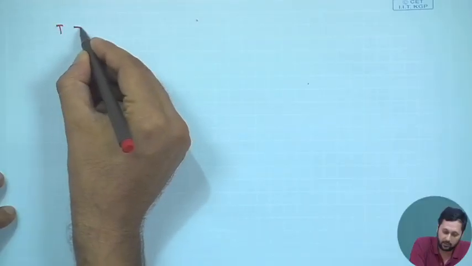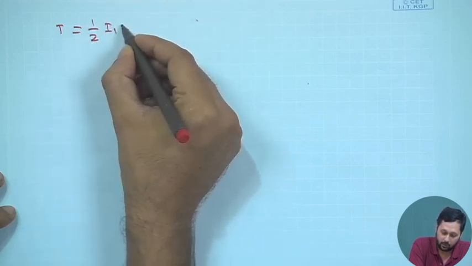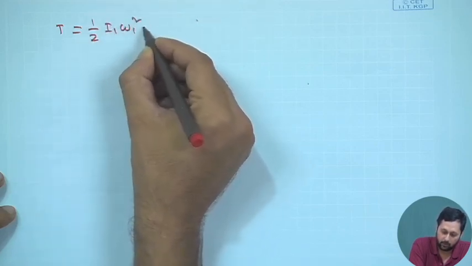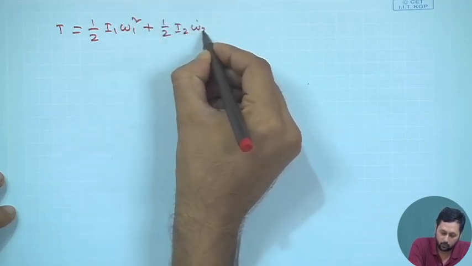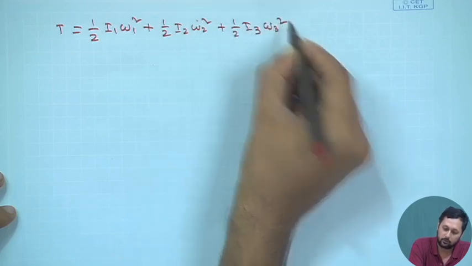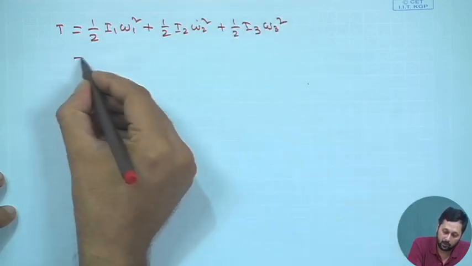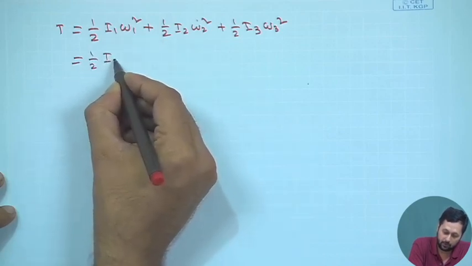So, in that particular frame, the expression for T will be simply half I1 omega 1 square plus half I2 omega 2 square plus half I3 omega 3 square, right. Now, I1 and I2 are equal. So, the first term will be simply half I1.